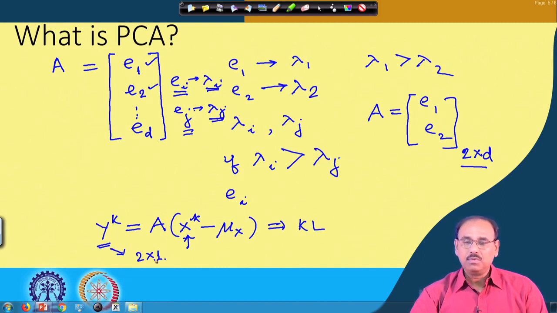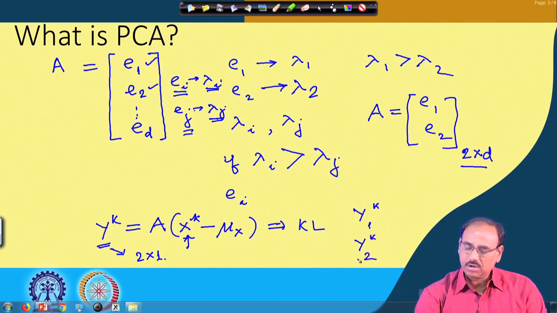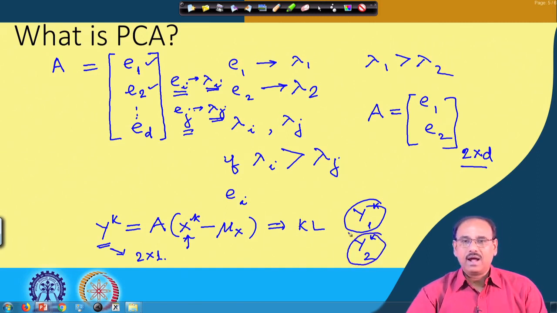And this is what is popularly known as KL transformation, and the components of this transformed vector y k that you get, that is y k1 the first component and y k2 the second component after this transformation, are what are known as principal components, and the eigenvectors are the principal directions. So, effectively you are transforming your input data into a space which is known as eigenspace, and the eigenvectors being orthogonal, the eigenspace is also orthogonal, and the projections in the eigenspace in every eigendirection are the principal components of the input data.